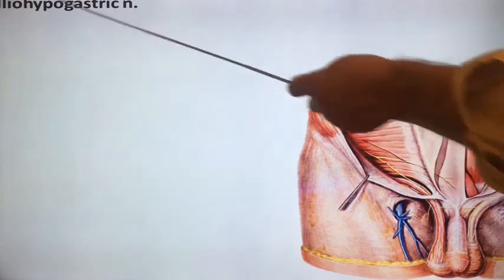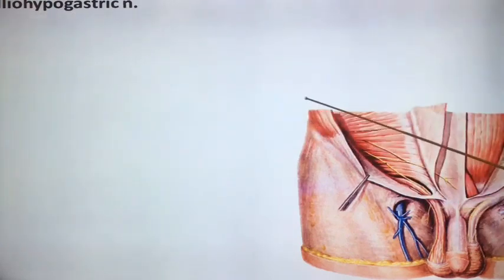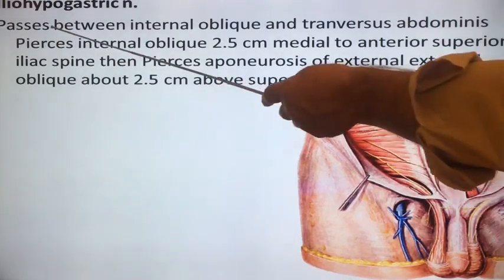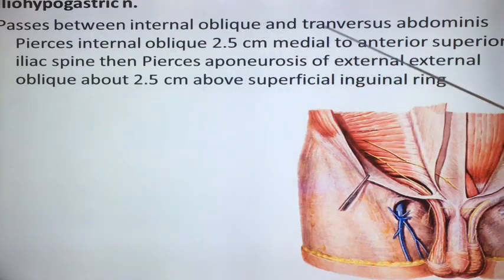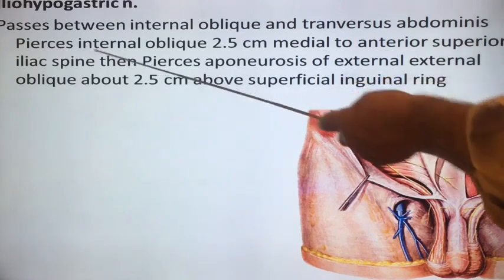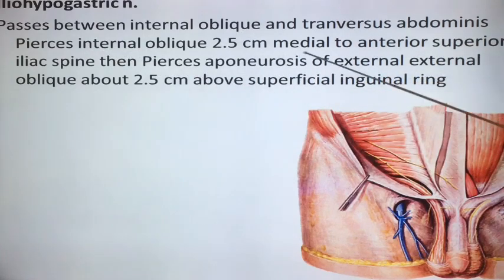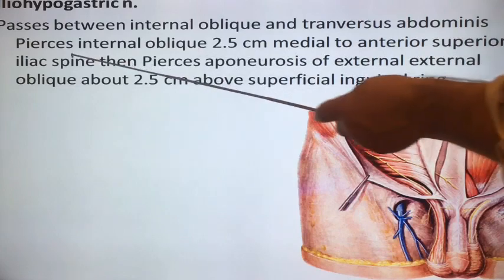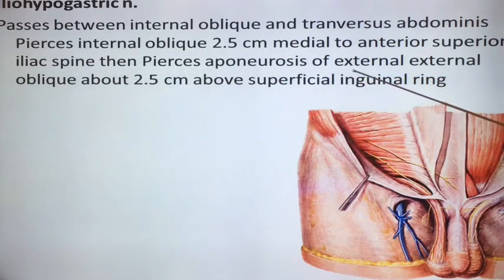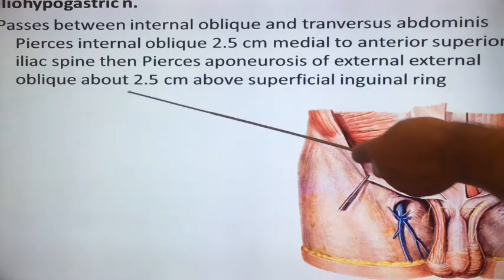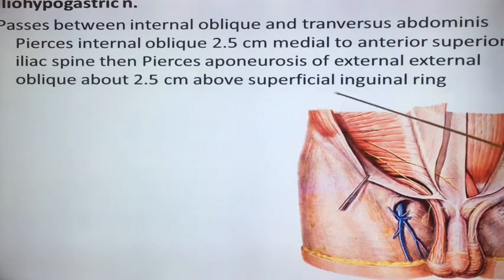One of them, we call it iliohypogastric, passes between internal oblique and the transversus abdominis muscle, and then pierces the internal oblique 2.5 cm medial to the anterior superior iliac spine, then pierces the aponeurosis of the external oblique about 2.5 cm above the superficial inguinal ring.